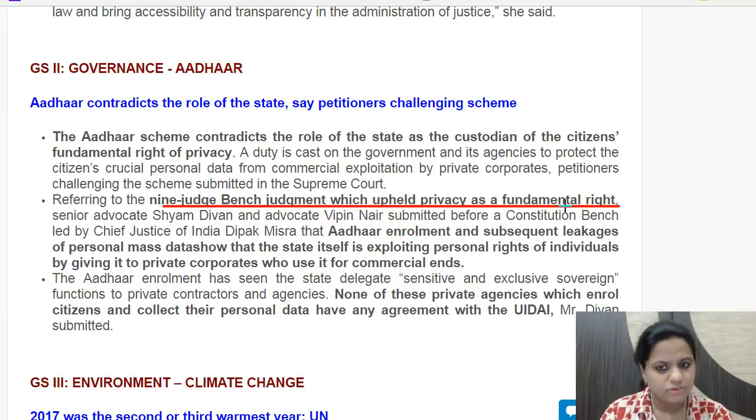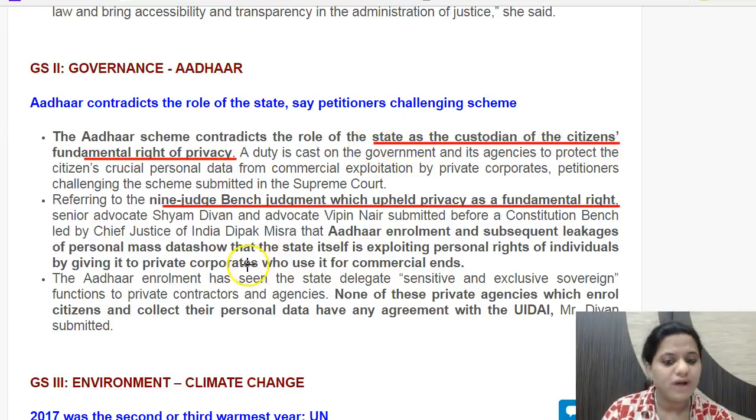On the basis of this, the petitioners are now arguing that the Aadhaar scheme contradicts the role of the state as the custodian of citizens' fundamental right to privacy. It is the state, meaning the government, which has to take care of the right to privacy of citizens.